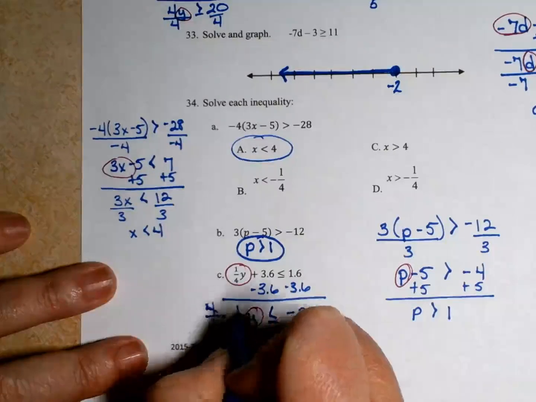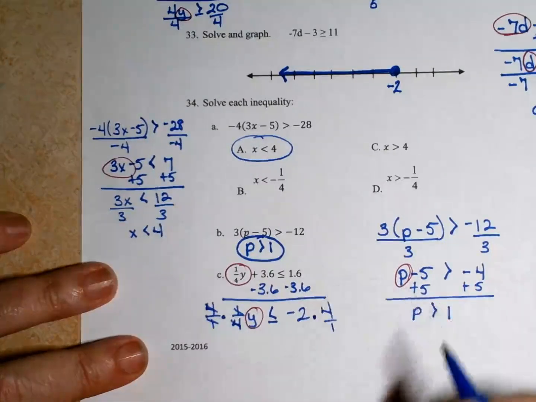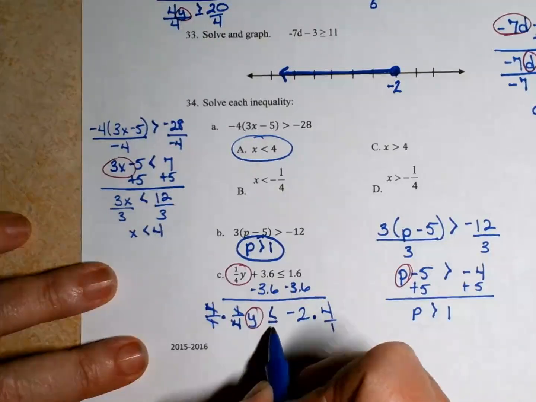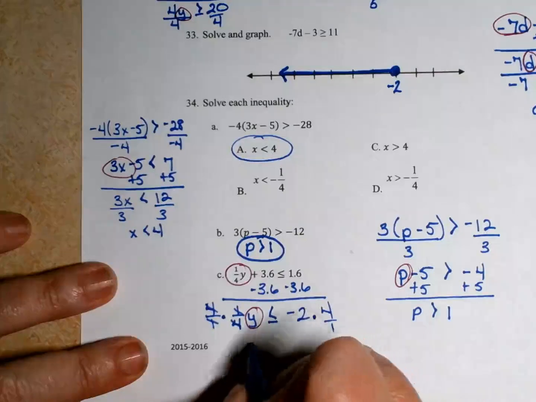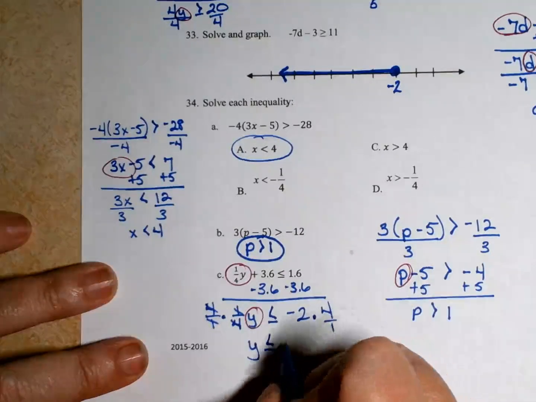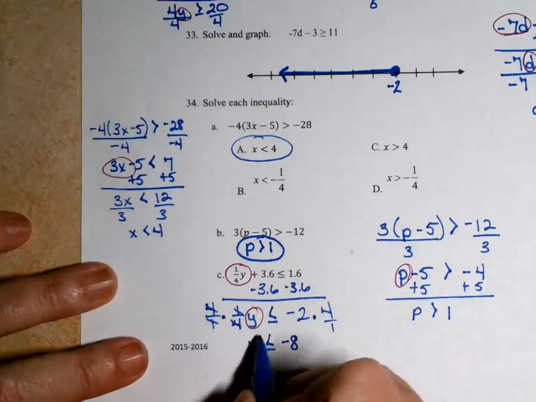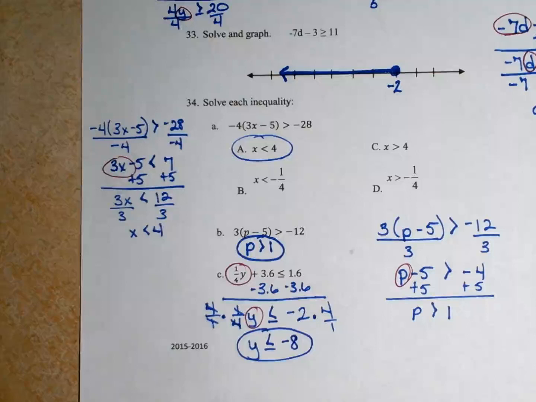So these cancel, and I have to multiply by 4 over 1 on this side. It stayed positive. So I multiplied by a positive across the inequality sign, so the inequality stays. Y is less than or equal to negative 8. That's our answer for that one. And that, ladies and gentlemen, is 21 through 34.